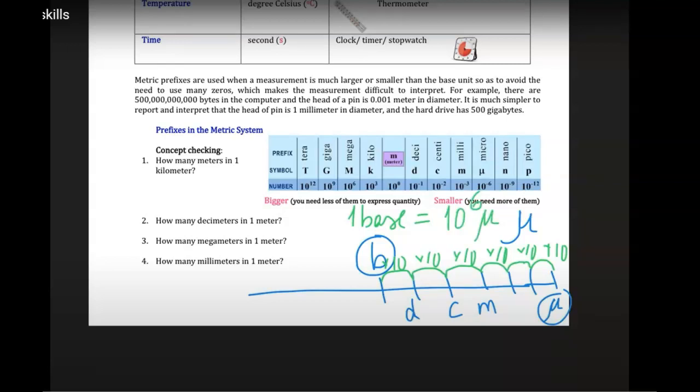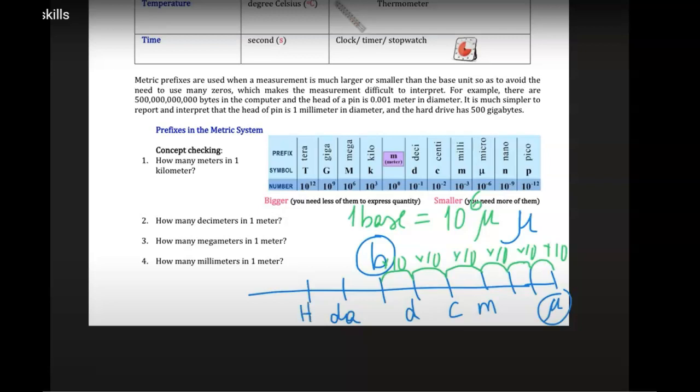Now, if you move in the different direction, if you have something that's 10 times greater than base, that would be deca, and that would be da. If something is 100 times greater, that would be hecto.